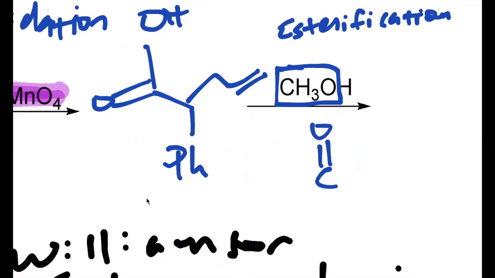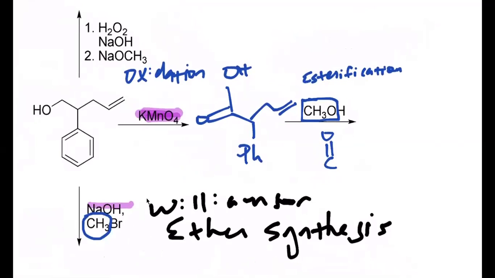It's going to be an esterification. So the alkoxy part of the alcohol is going to swap out with the hydroxyl group of the acid, right? It's a condensation reaction. So I'm going to end up with this, and then plus water.